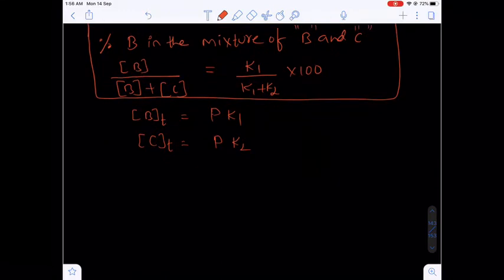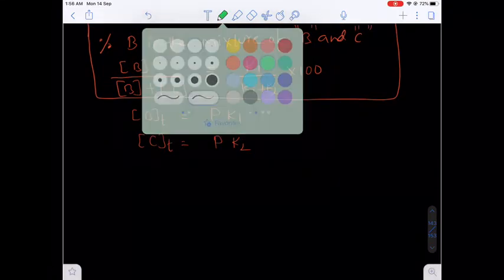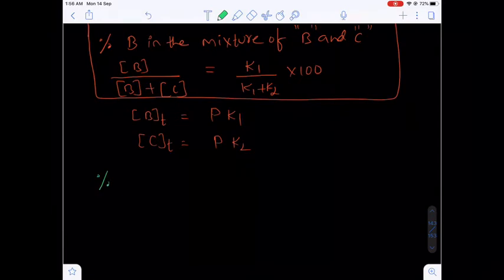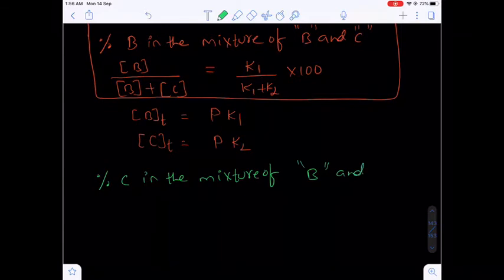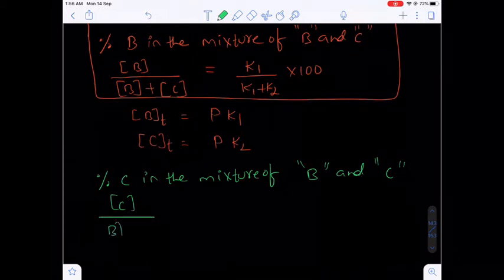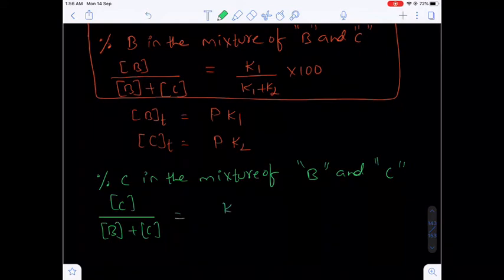Now, similarly, what is the percentage of C in the mixture of B and C? That means the concentration of C divided by the concentration of B plus the concentration of C, which is equal to what?